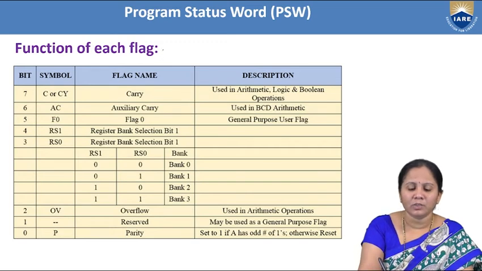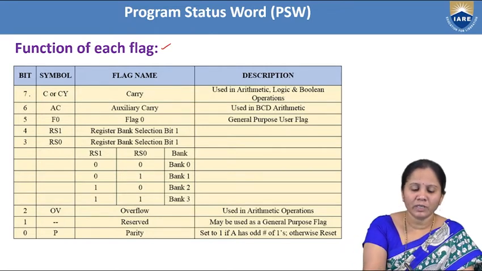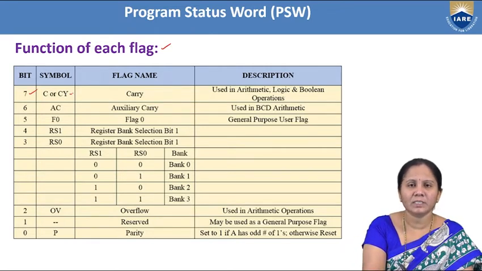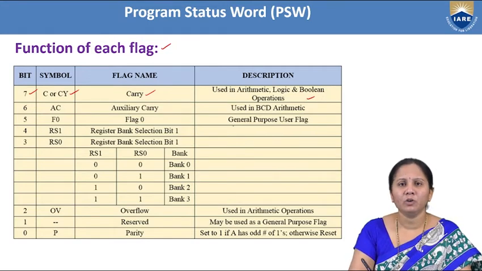Now, here are the functions of all the 8 bits present in the flag register format of the 8051 microcontroller. We have the 7th bit, which is C or CY. It represents the carry flag. That means during arithmetic, logical or boolean operations, there is a possibility of setting this carry flag bit.